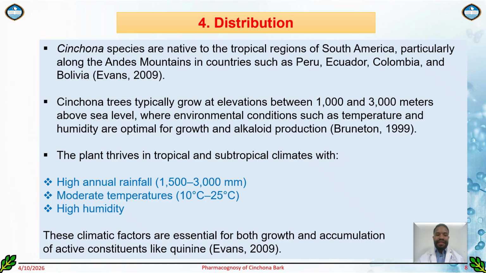The plant thrives in tropical and subtropical climates with high annual rainfall around 1,500 to 2,000 mm, moderate temperature around 10 degrees Celsius to 25 degrees Celsius, and high humidity. These climatic factors are essential for both growth and accumulation of active constituents like quinine.